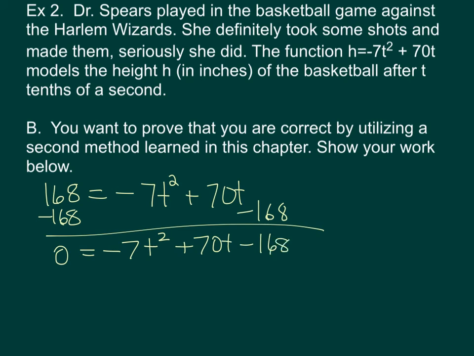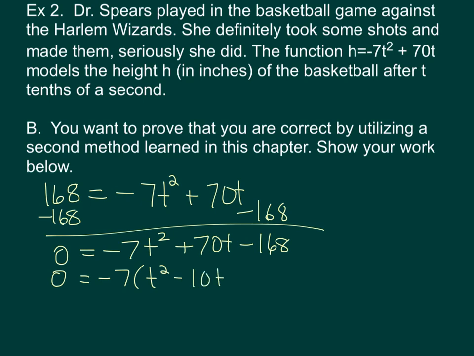Well, I noticed, because I thought about it before, that there is a common factor I can pull out. So I'm going to pull out a negative 7 from everything. You don't have to. You could still factor it without that, but you're going to get there faster if you see the GCF. But again, you totally can get there without factoring this out.